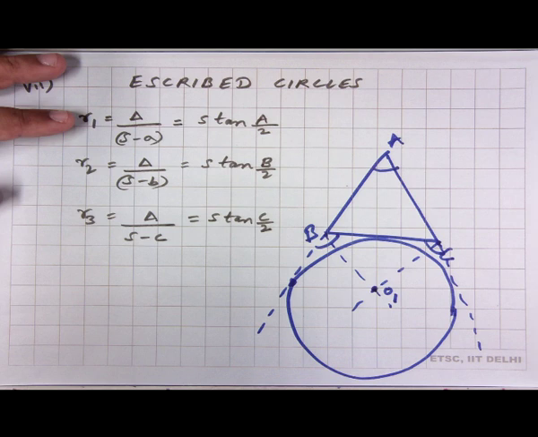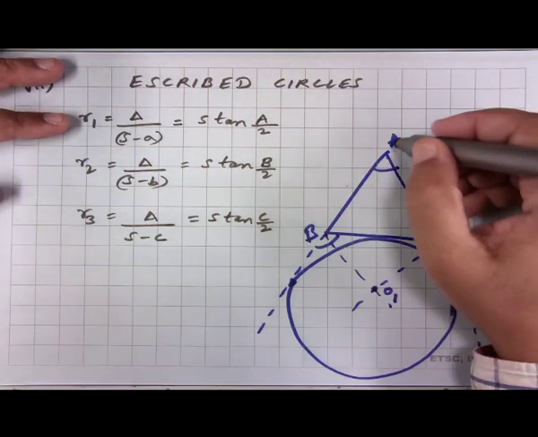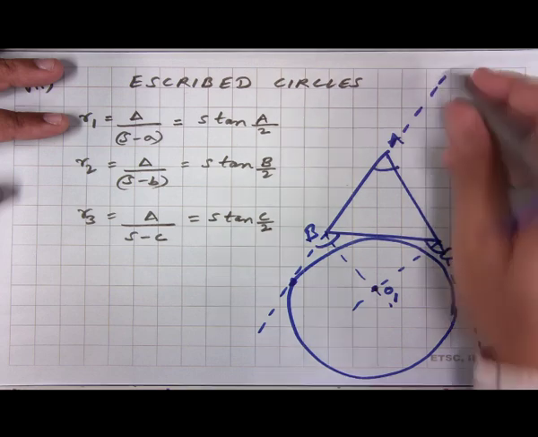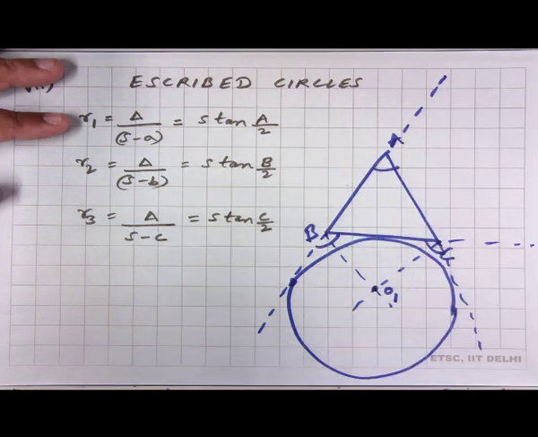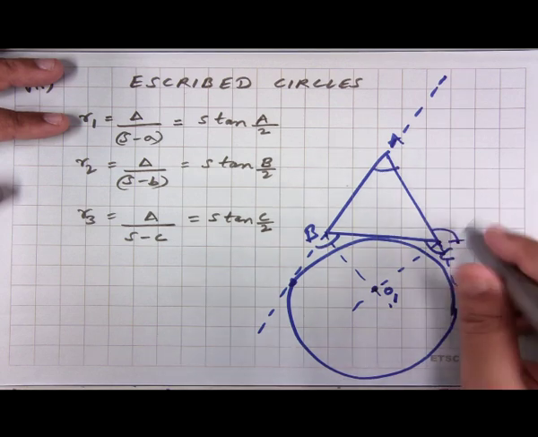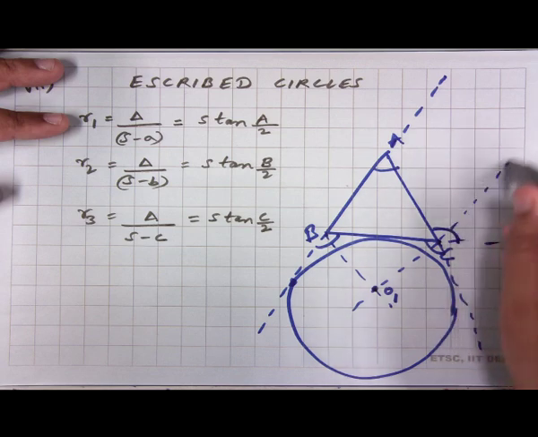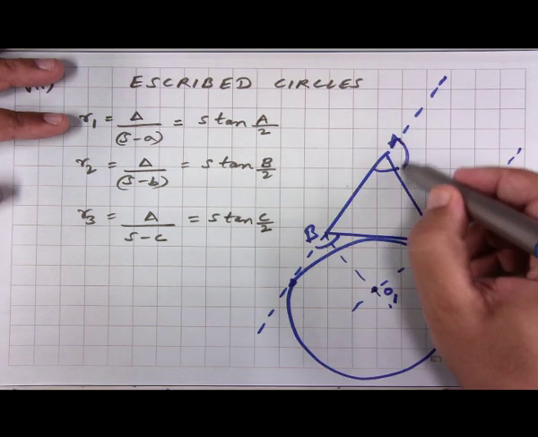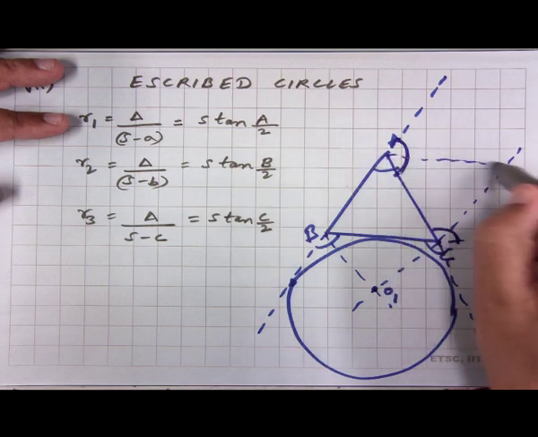Then for the escribed circle opposite to angle B, we produce BA and BC and take the angle bisectors of the exterior angles.